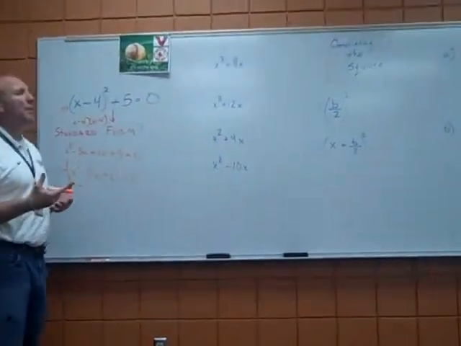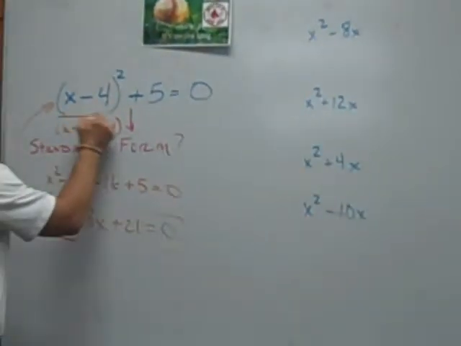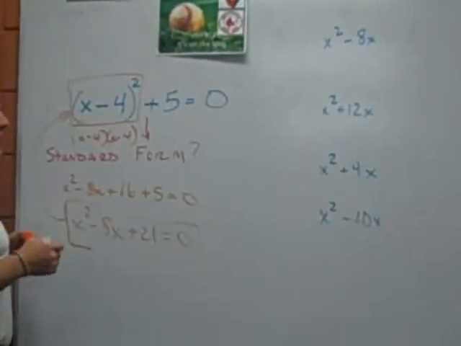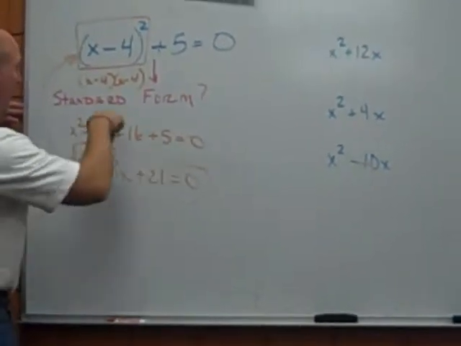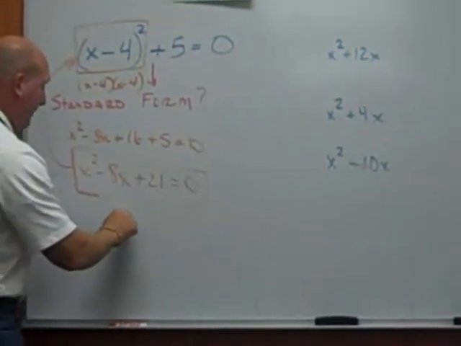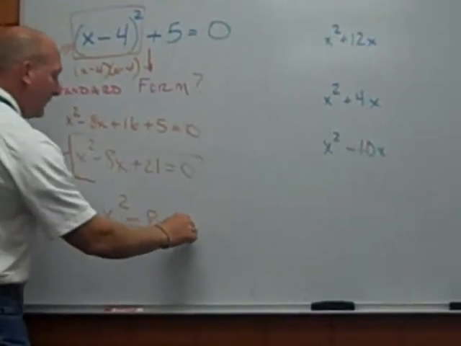It's a fairly simple process. What we are looking for is a binomial squared. In order to get a binomial squared, for example, x squared minus 8x plus 16.